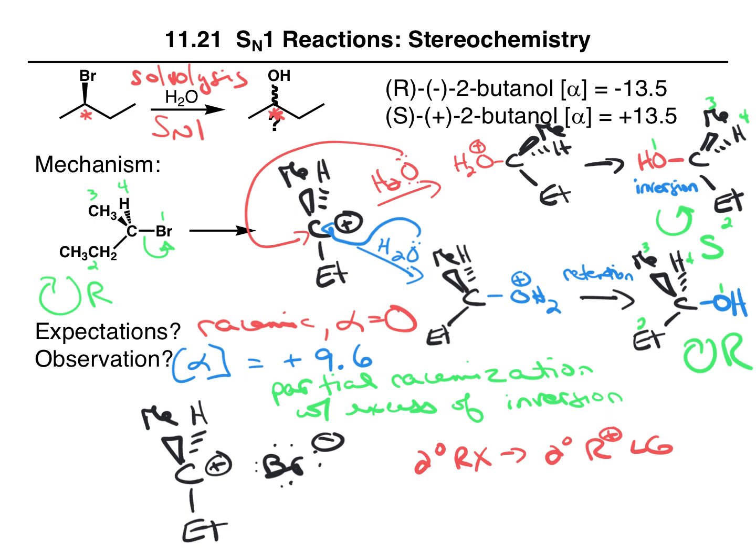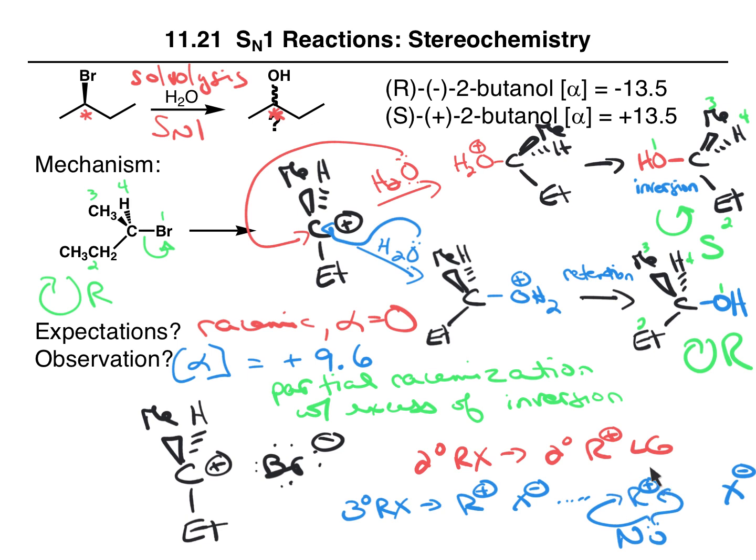On the other hand, if we have a tertiary alkyl halide, when that leaving group leaves, we're going to get this, and then more time can pass and we get this, and then here's our X minus way over here, and now the nucleophile can add to either face.